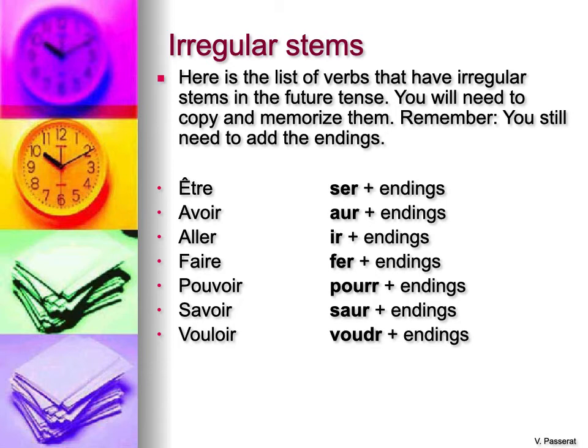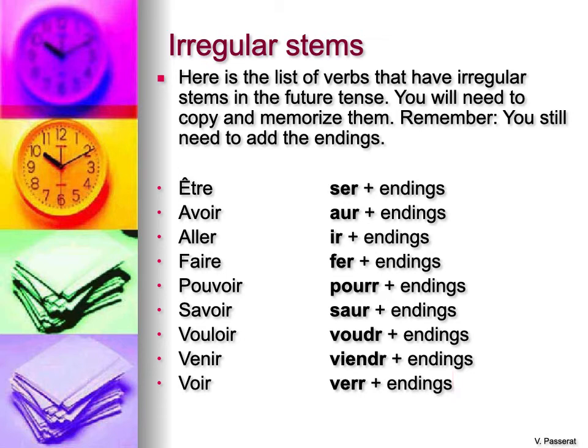If you remember je voudrais, I would like, we use the same stem for the conditional. Venir, which is viendr, voir, which is verr, devoir, which is devr. So pause the video here. You will need these irregular stems, so you need to write those down in your notes.